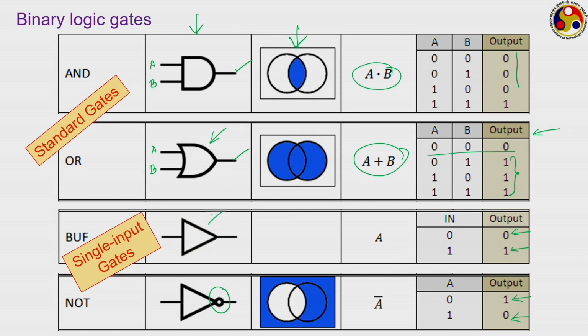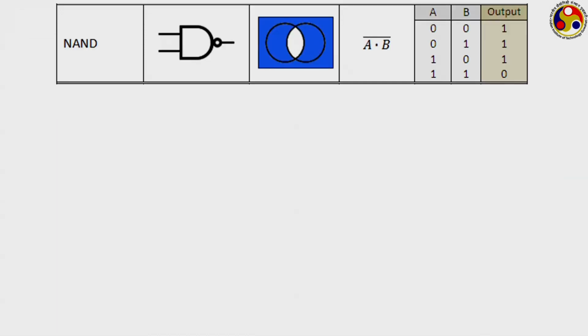Actually the triangle refers to the hex or the BUF, but this particular circle at the outlet portion or the exit portion signifies a NOT operation. So NAND refers to NOT plus AND. To represent that, we have to combine the signal for both AND and NOT. That is why you are having the semicircular representation with the circle at the exit.